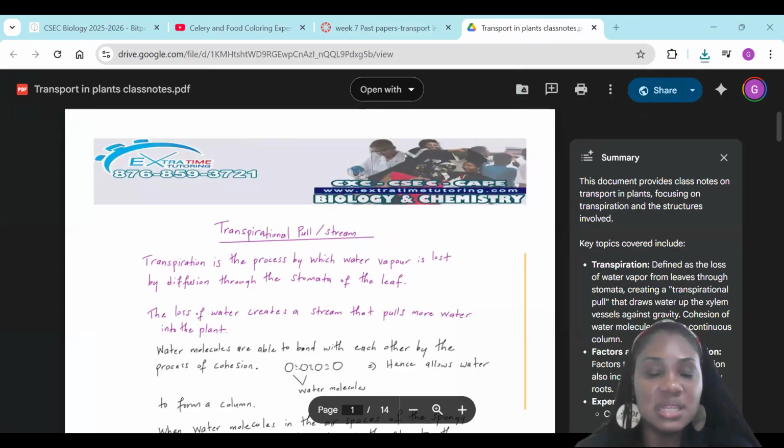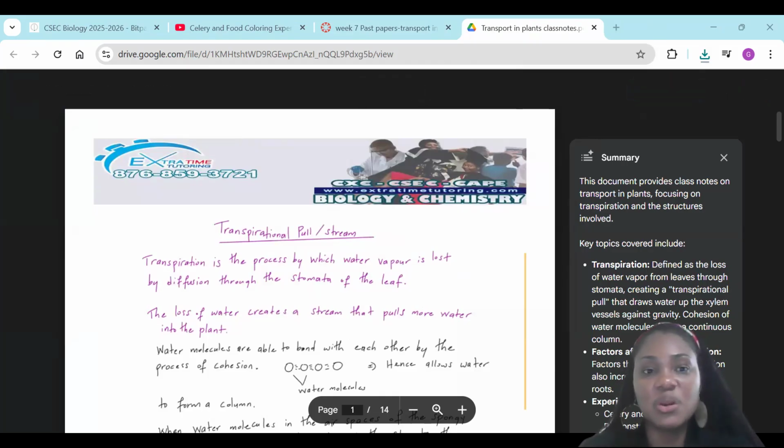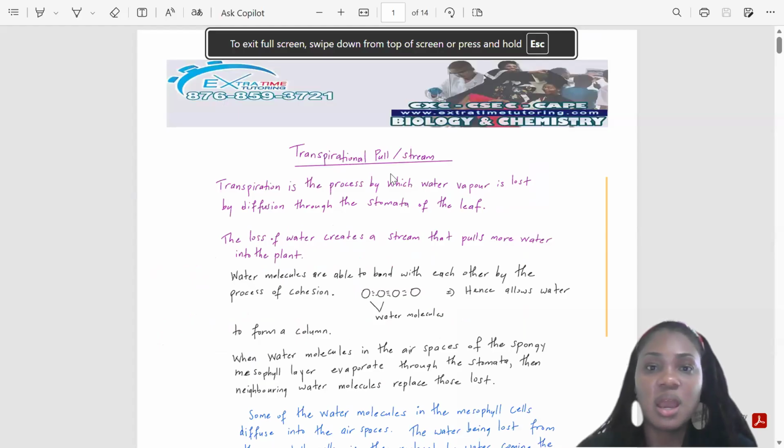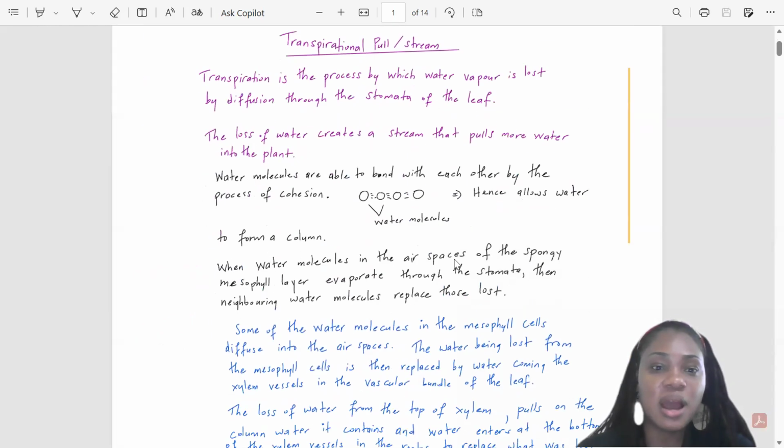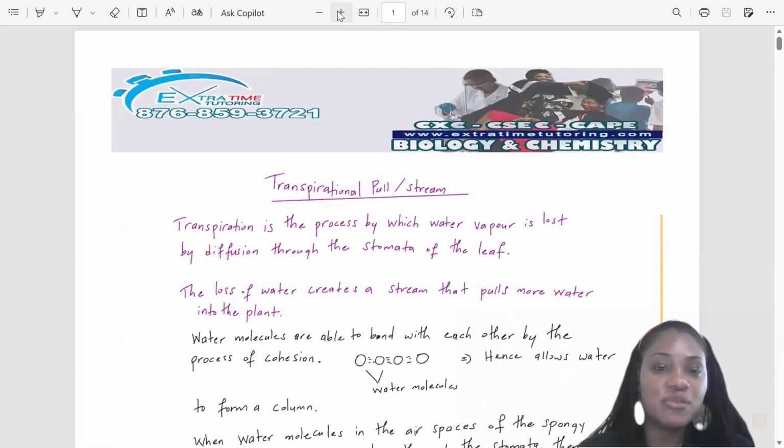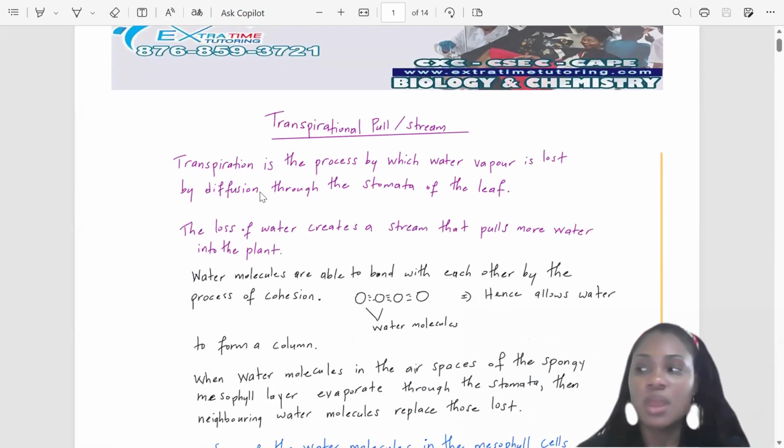Some of what is in the handout we would have already covered and already written notes on, so I'm going to skip. I hope guys at home you're seeing the handout. The first part was basically talking about the process of transpirational pull, but this has a little bit more background information than I told you to write.